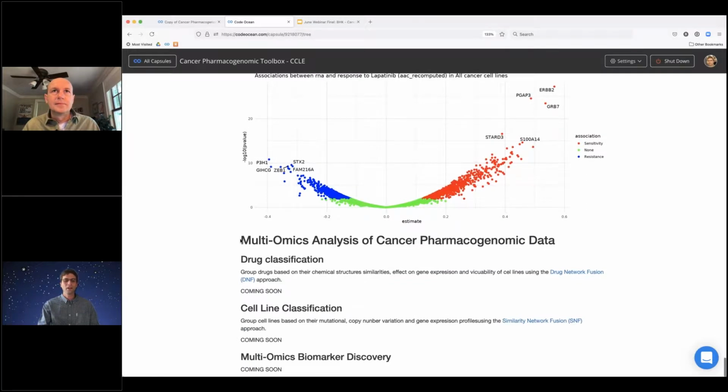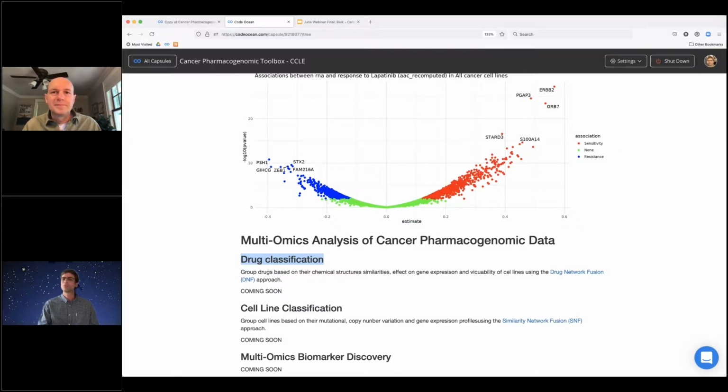What's coming up in the next version of the capsule is really how we combine those multi-omics data to discover something completely new that might be hidden if you analyze every layer separately. So we'll showcase the example of how you classify drugs, classify cell lines, and how you build multi-omics biomarkers in an interactive manner. So with that, that's the end of the demo.